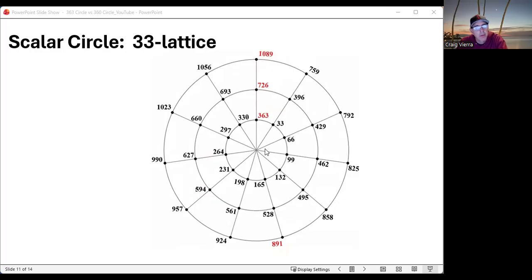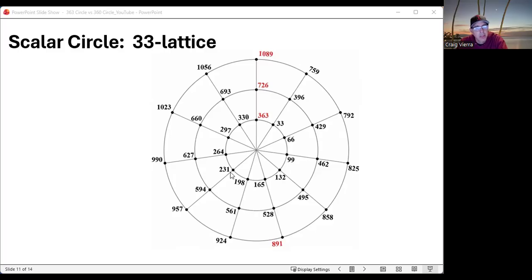There are 11 intervals in this example that are broken into 33 degrees. So we have 11 times 33, or 363 degrees. So this is the lattice, the primary structure of the lattice. You can see we go from 33 to 66 to 99 to 132 to 165.